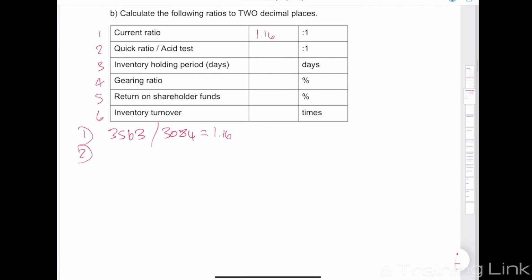Therefore, it will be 2,110 divided by 3,084, which gives us a quick ratio or acid test of 0.68, which is quite low. Anything below 1 is definitely seen as a risk.